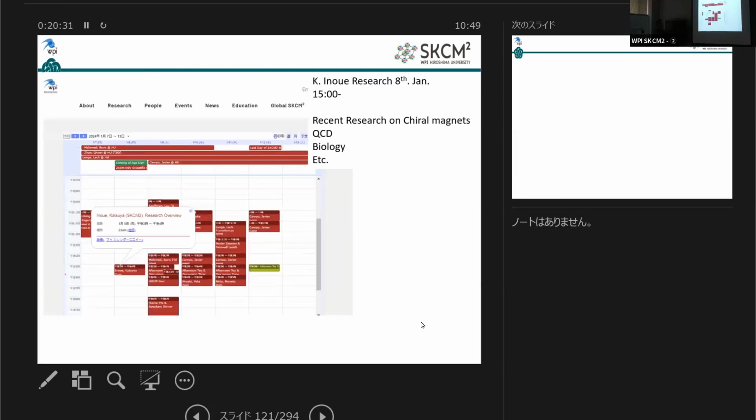I'm going to finish without the chair. Next Monday, I'll give a research overview talk at 3 p.m. I will talk about recent research on chiral magnets and how to expand this chirality to other fields. For instance, for the QCD problem, last year we published one paper in quantum chromodynamics using our Hamiltonian.